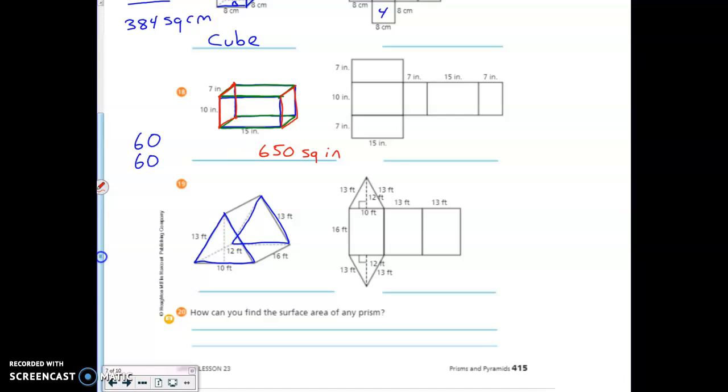All right, now I'm going to spend time on the 2 that are the same again. So here are my 2 rectangles that are the same. Let me change the size of my ink here. Here's our right rectangle that is the same, and here is our left rectangle that is the same. So those 2 sides are the same, and they are dealing with the 16 times 13, 16 being the base, 13 being the height.